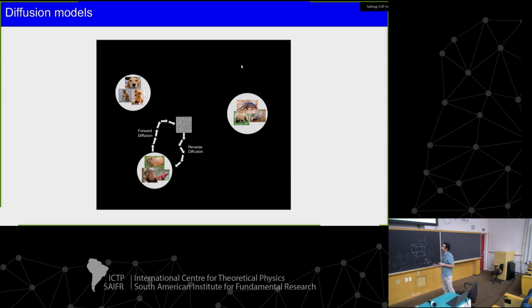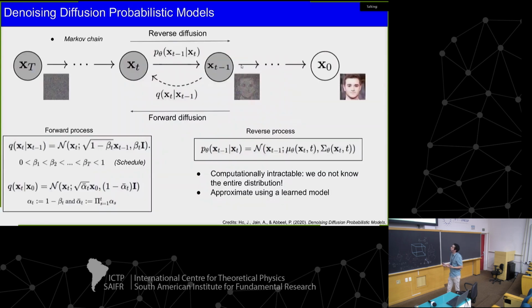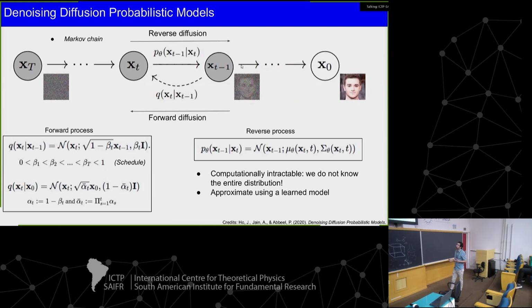But there is also a very important step here, that is the forward diffusion. This is the process that guides your training to make the reverse diffusion possible. So the diffusion process has two main parts: the forward diffusion and the reverse diffusion. In the forward diffusion, you start with a clean image and add noise to this image until you have a pure Gaussian image. Sorry, we are adding Gaussian noise to this.